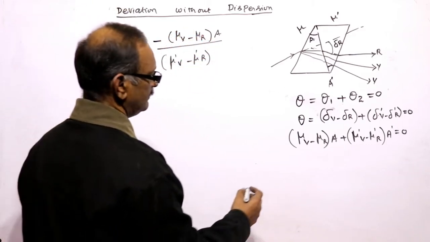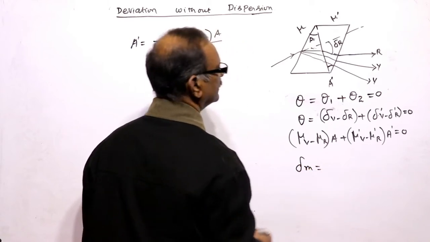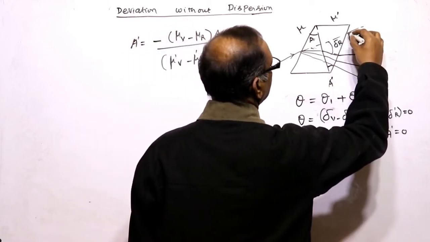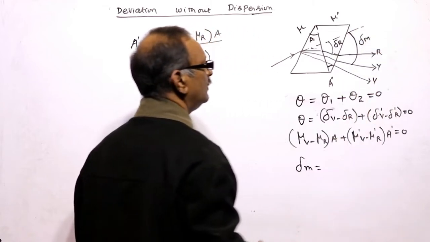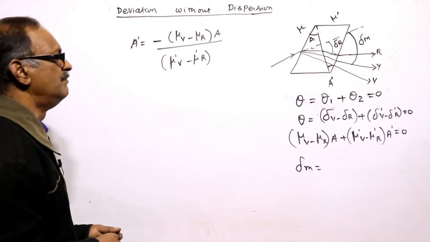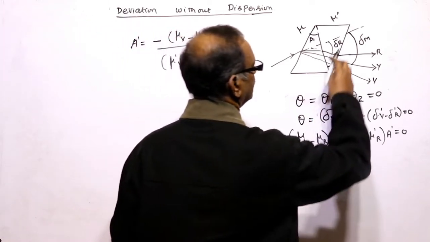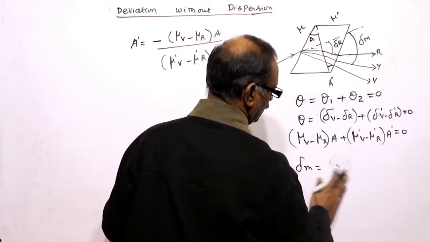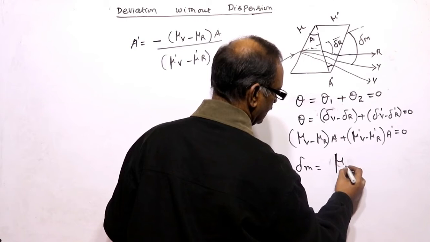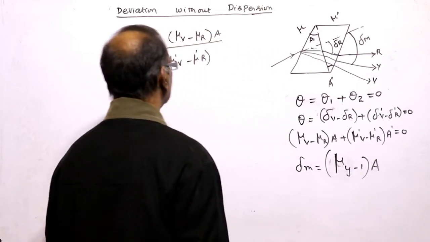So we take the mean deviation with respect to the yellow light. Why? Because yellow is counted as the mean of the angle of deviation for this spectrum, for this dispersion. Dm is equal to mu of y minus 1 into A in the general expression.